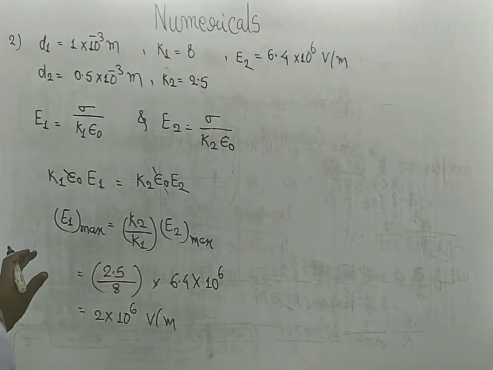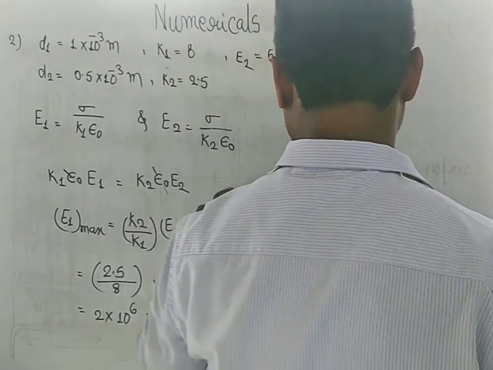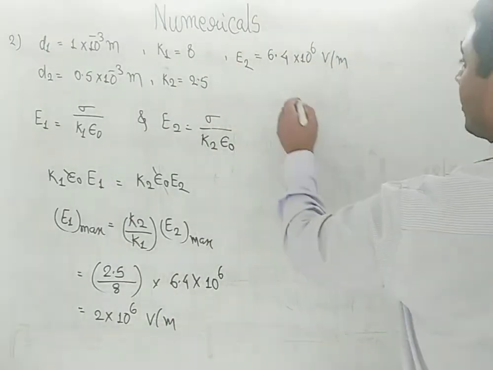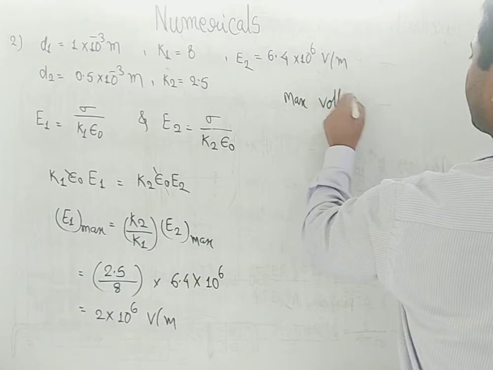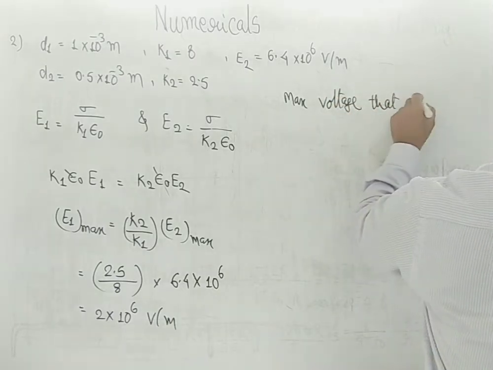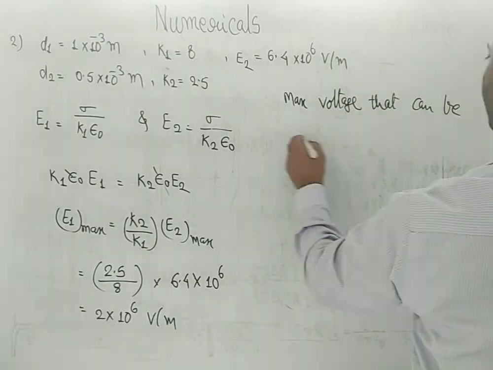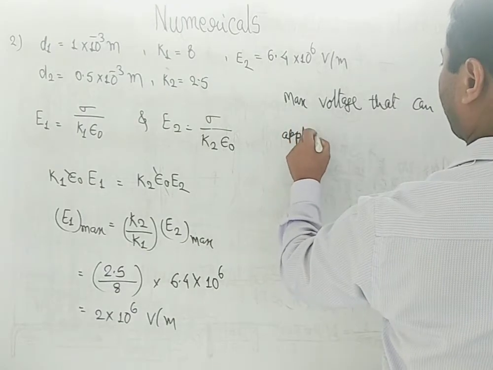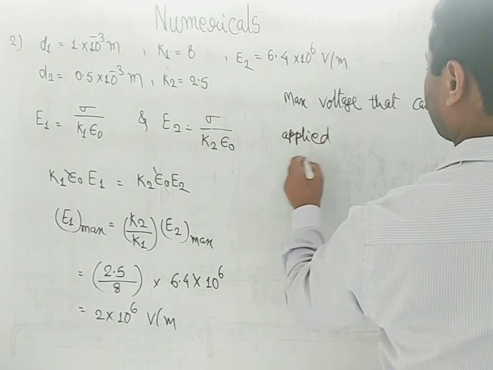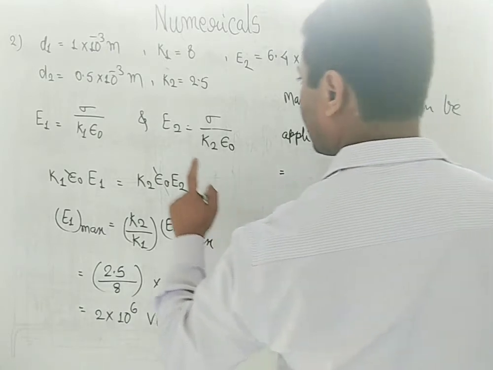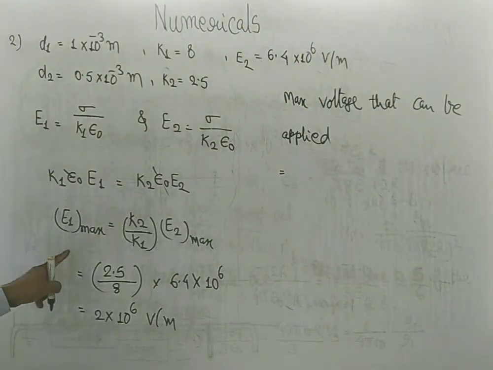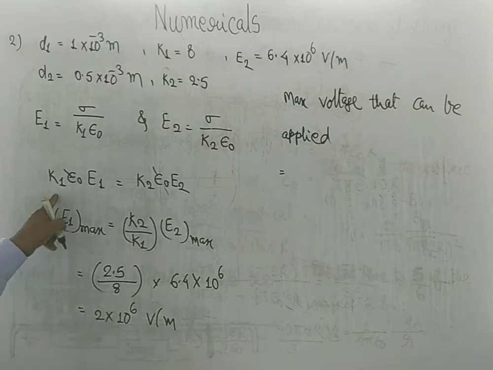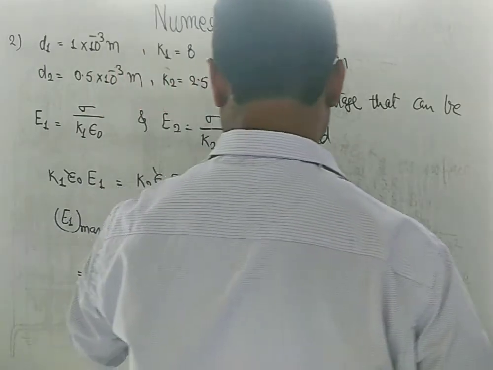Now we can talk of maximum voltage that can be applied. So the maximum voltage that can be applied is equals to E1 max that we have just calculated into D1 plus E2 max into D2.